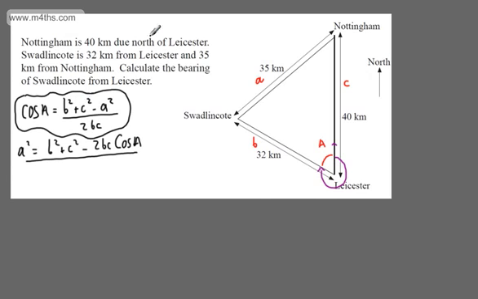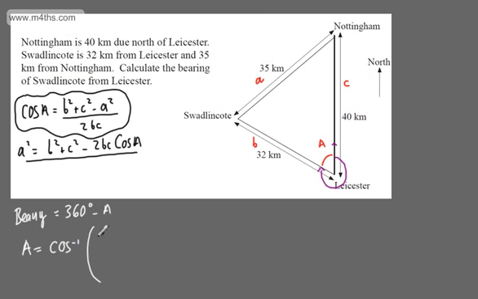So let's go ahead and find the angle A. So what I'm going to do is state now, and I'll write it down here, my bearing will be equal to 360 degrees minus the value of A. So all I'm going to do is take that away. So what we can say is A will be equal to the inverse cosine of, now B squared.